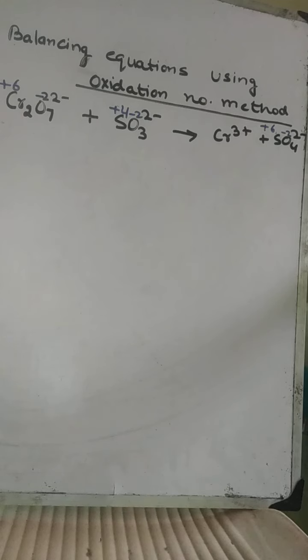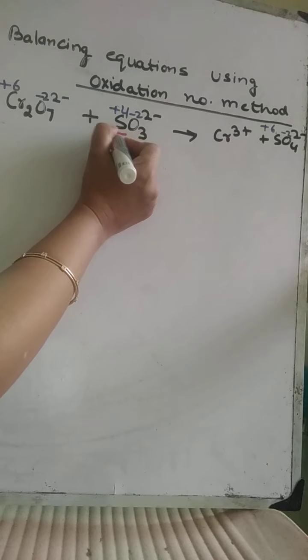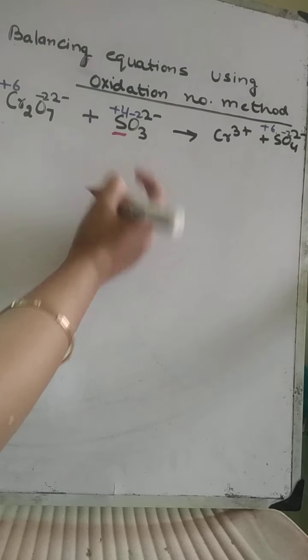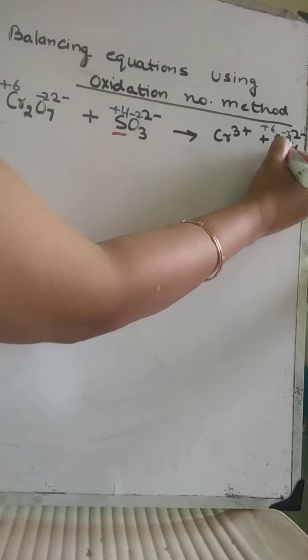Next task is that you observe all the charges very carefully and try to figure out which element is undergoing oxidation and which element is undergoing reduction. Oxidation can be defined as, in this case, an increase in the oxidation number. Now you can notice sulfur's oxidation number changes from +4 to +6.